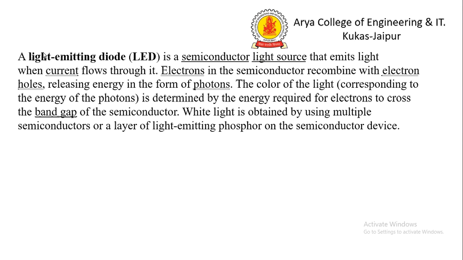The color of light is determined by the energy required for an electron to cross the band gap of the semiconductor. White light is obtained by using multiple semiconductors or a layer of light emitting phosphor on the semiconductor device.